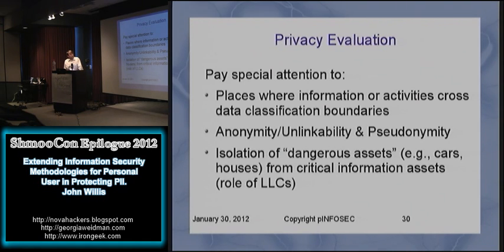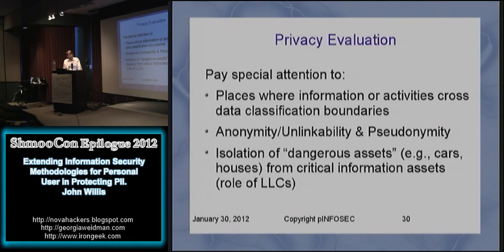Pay special attention to places where you're making information anonymous or, I'll never get that one right, pseudonymous, and make sure that everything's set up correctly. You may have other people involved in handoffs of information. Can you trust them? If they get bribed, what's the impact of that?